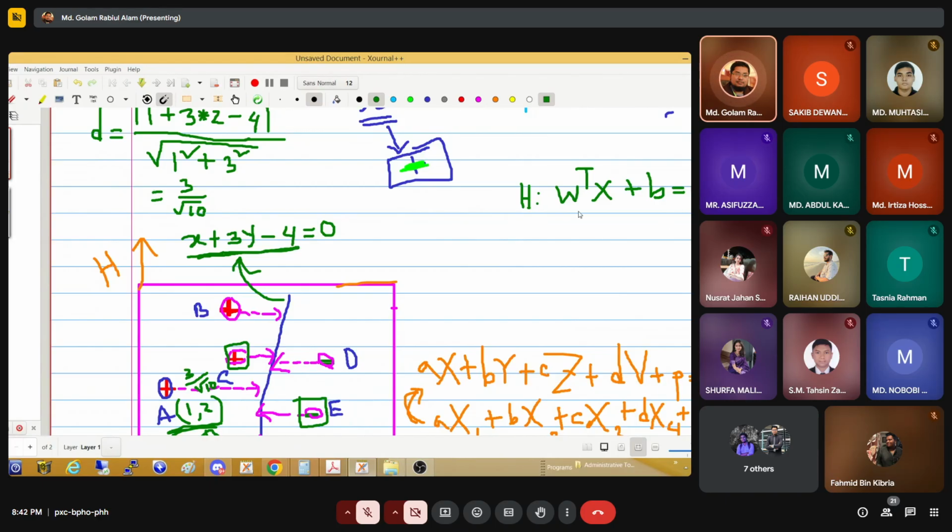If we consider our 4-dimensional data points, that means we have x1, x2, x3, x4, and we have w1, w2, w3, and w4. Then what will be that distance?